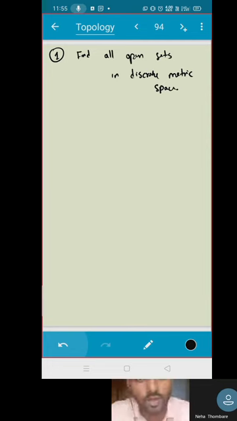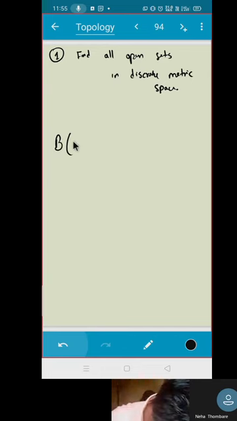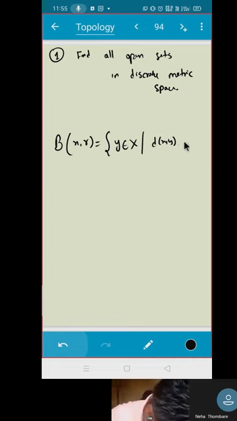So before doing this, you should know what the open balls are in a discrete metric space. So what is the definition of B(x, r)? The set of y in X such that distance between x and y is less than r.